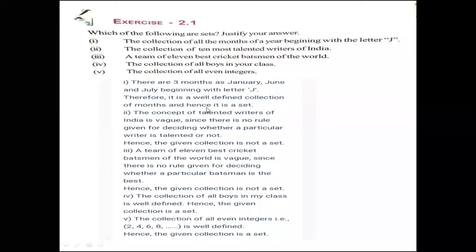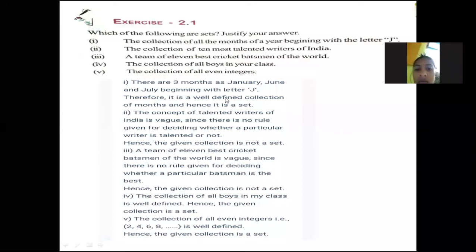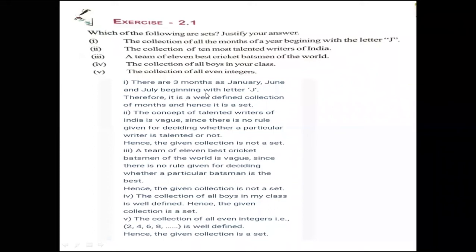Why are we saying it is a set? Because it is a well-defined collection. As we have discussed, the definition of a set is nothing but a well-defined collection of objects. Here January, June and July are well-defined objects, so it is a set.